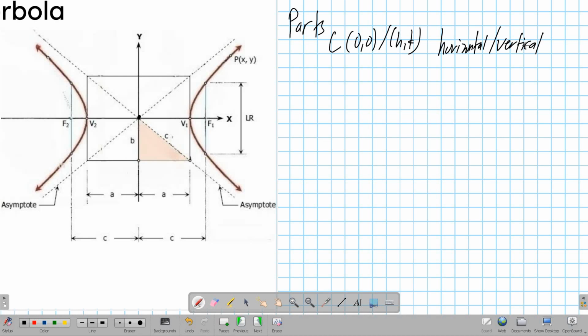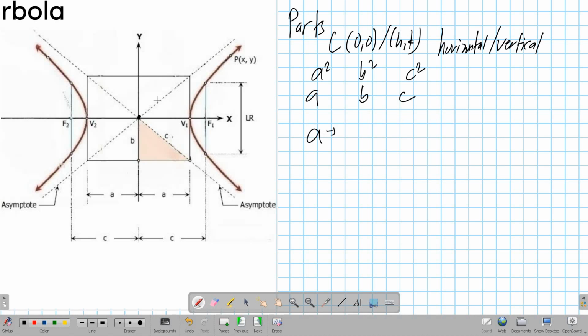Now that we figured out the orientation and the center, we then go to a squared, b squared, and c squared. Remember, a squared is always under the positive term, and the positive term is almost always written first. Then b squared is the one written under the negative term. And c squared will be a squared plus b squared. Then we get a, b, and c because we use their measurements.